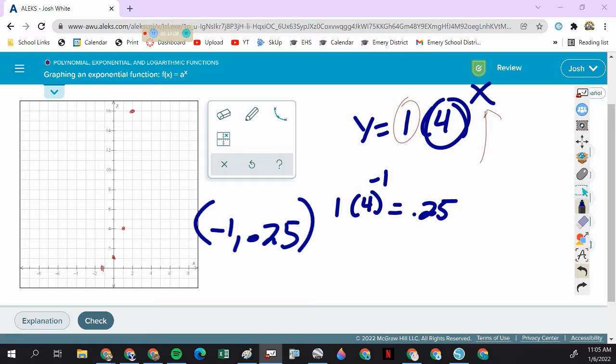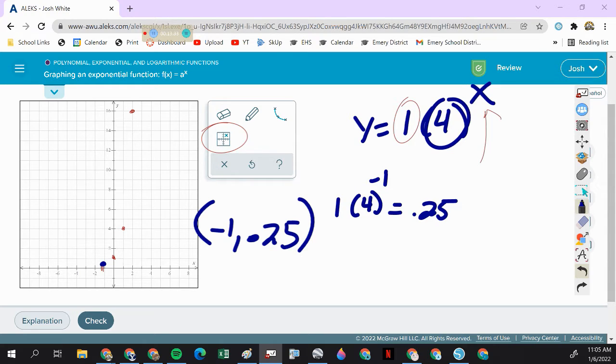But when I try to graph that point, it won't let me. How do I graph a point that won't snap on there? You click this, and then you type in negative 1 for the x and 0.25 for the y. And you have to graph 5 points.